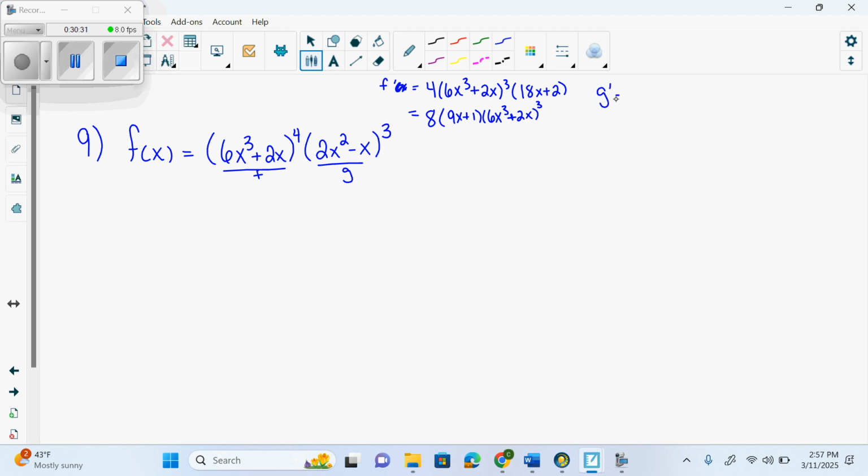Okay, G prime equals 3, 2x squared minus x to the 2. And then the derivative of 2x squared minus x is 4x minus 1. Because it gets 6x.